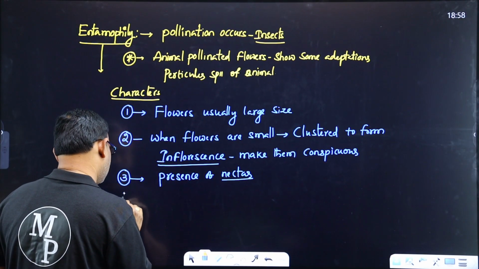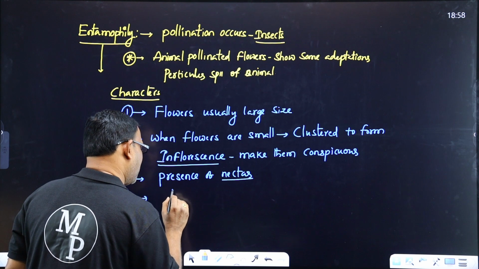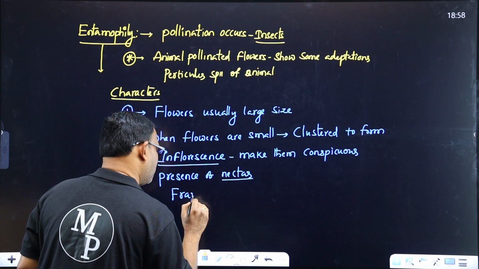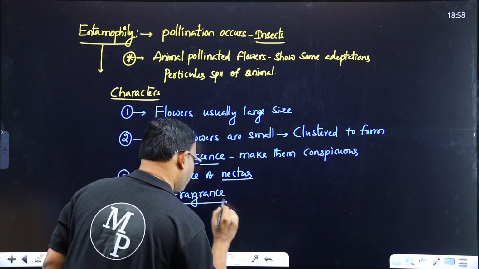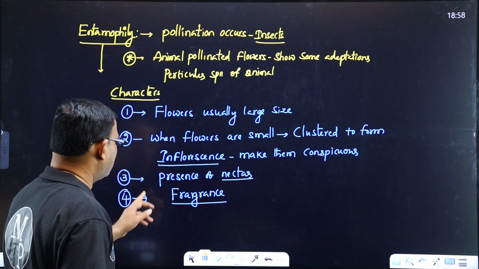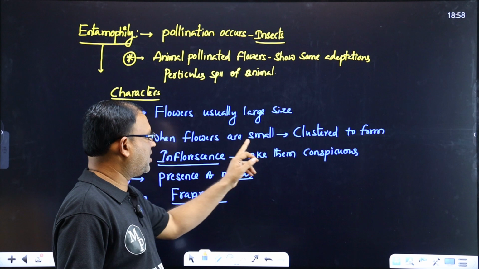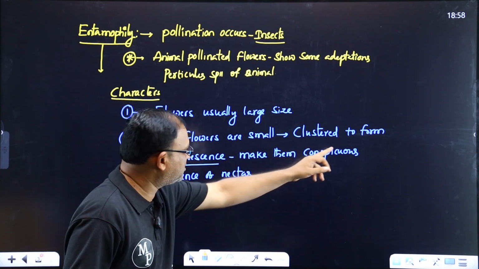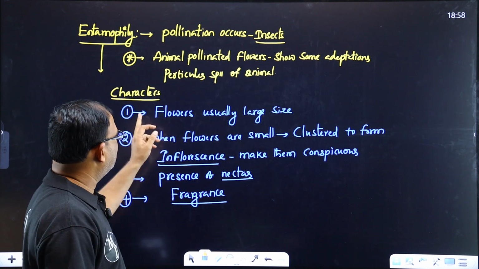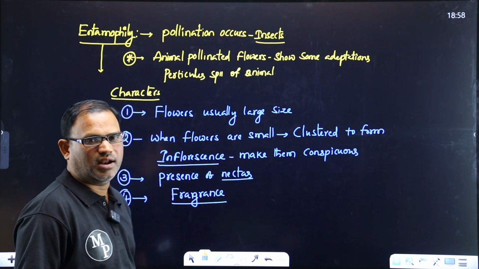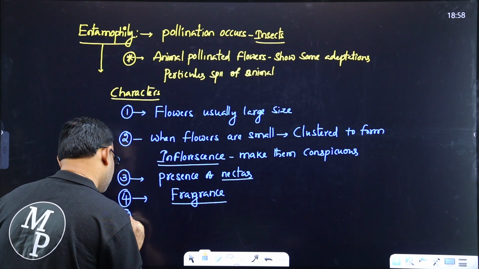Then next one, fragrance. Flowers show fragrance, rich in nectar and also fragrance. When the flowers are small, they cluster to form inflorescence, making them conspicuous. Flowers are usually large size. Okay.